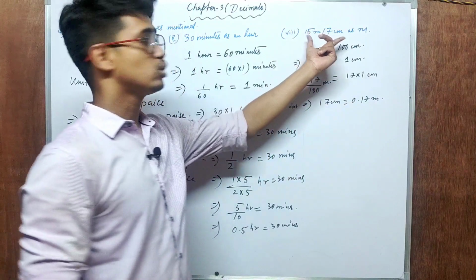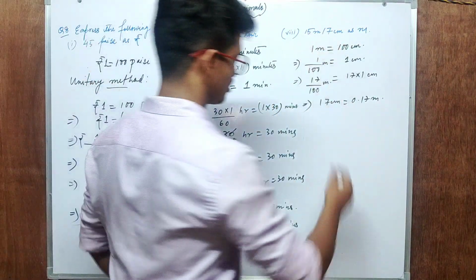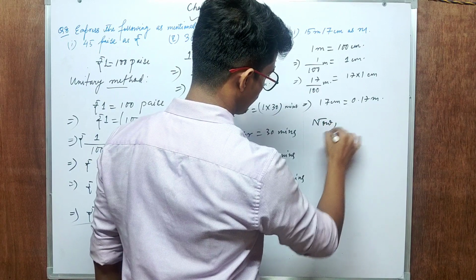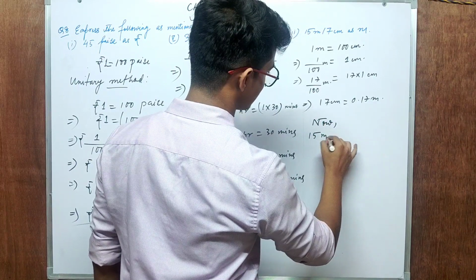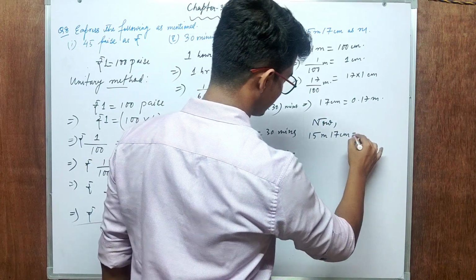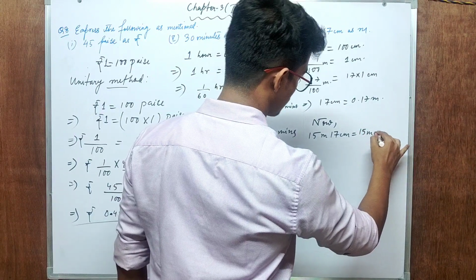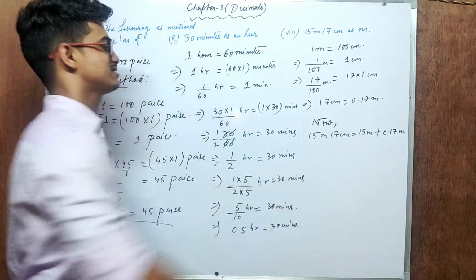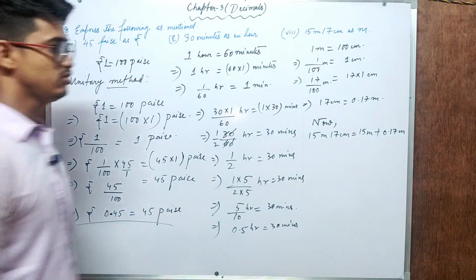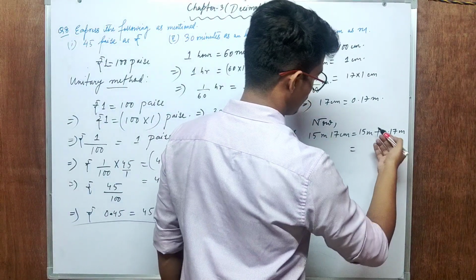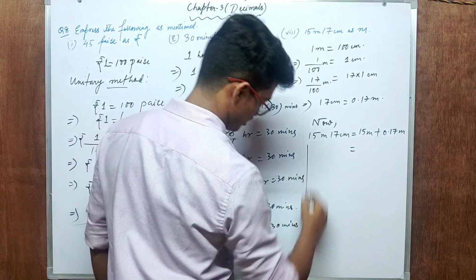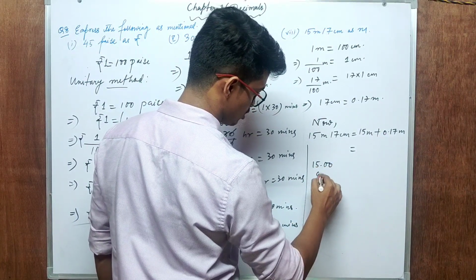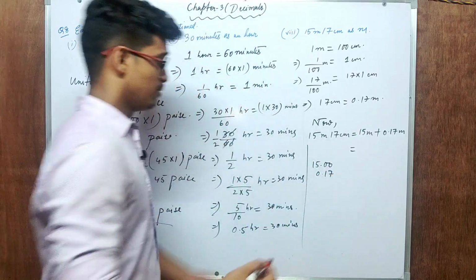So now the total question is 15. Now 15 meter 17 centimeter is nothing but 15 meter plus 0.17 meter, because I have converted this 17 centimeter into meter. So what will be the answer? 15 meter, if I do it in rough space, 15.00 and 0.17.